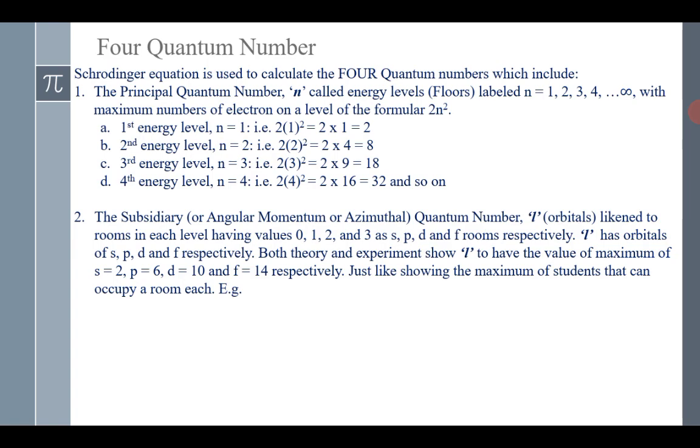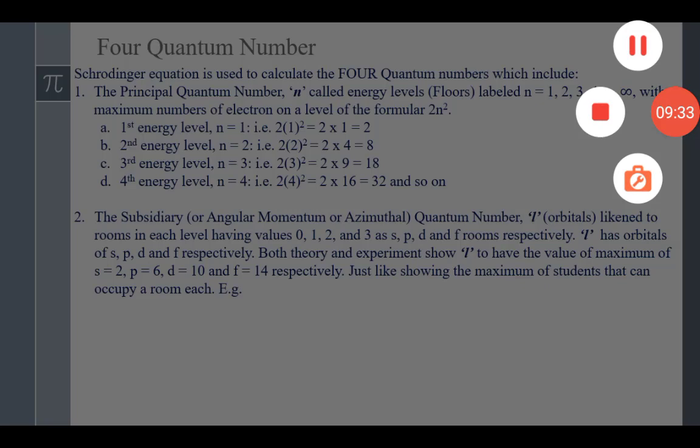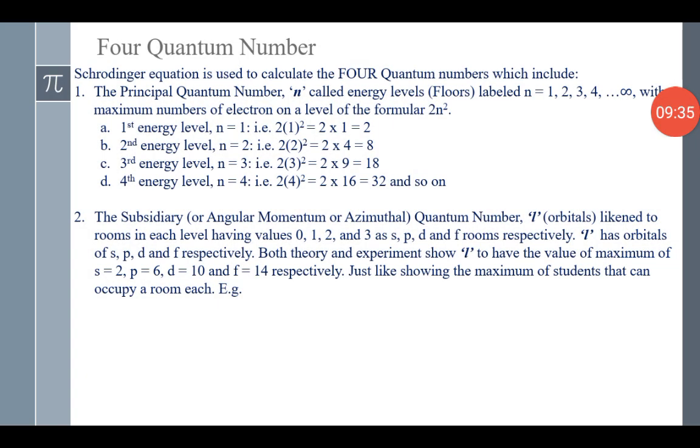And at the same time, we need to understand the fact that P is built, even though on the same energy level, a little bit higher than that of S. And D is built a little bit higher than that of P, as well as F built a little bit higher than D. And hence, sometimes some of these orbitals can overlap from their expected energy levels into another, that is a higher energy level above them.